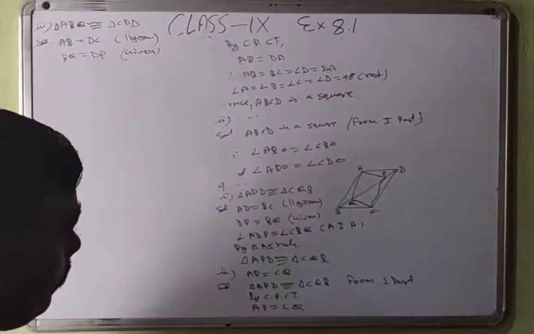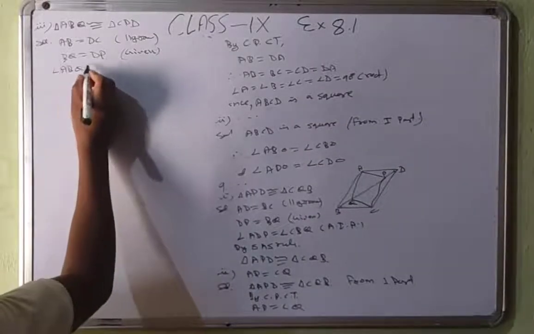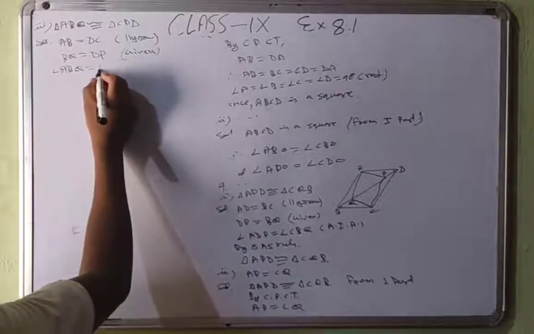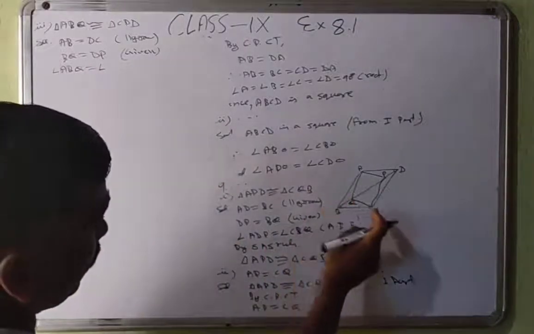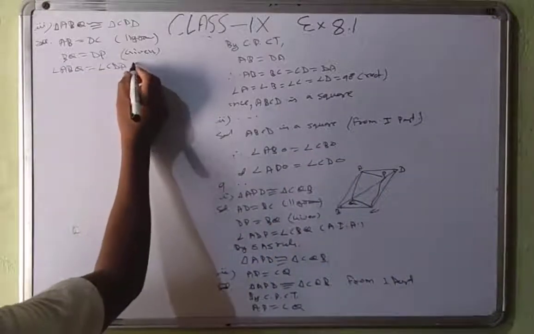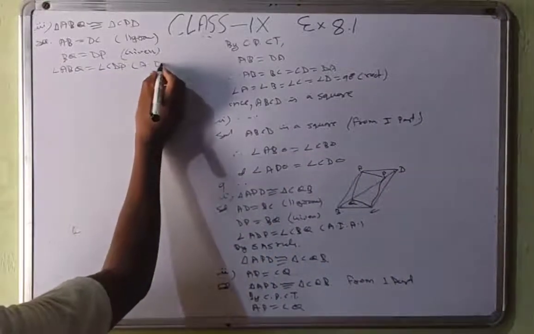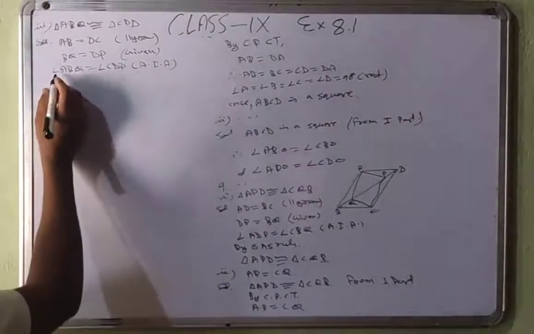Then angle ABQ is equal to angle CDP by alternate interior angles, similarly as we did in the first part.